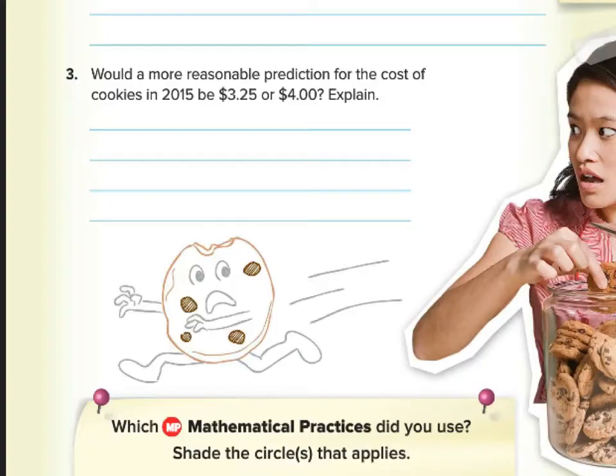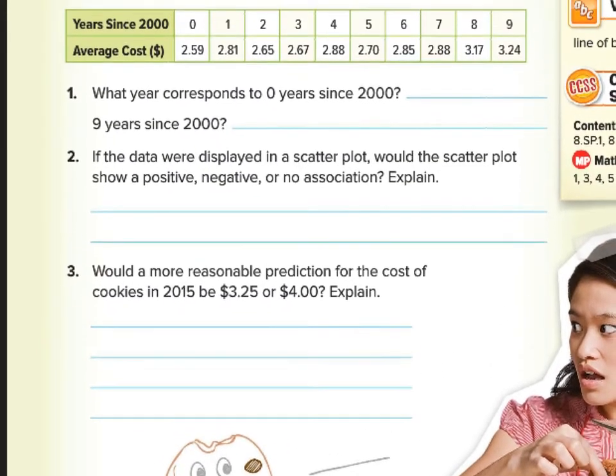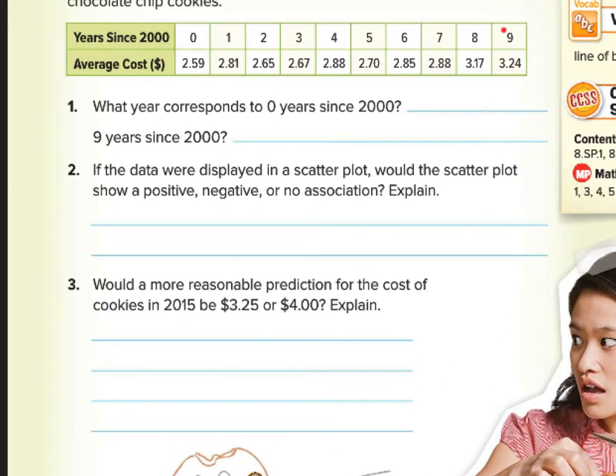Okay? Question 3. Would a more reasonable prediction for the cost of cookies in 2015 be $3.25 or $4? Well, let's go back up here. As we see in 2009, we have $3.24. So would it only go up by 1 penny after 6 years, from 2009 to 2015? I highly doubt it. So it makes more sense if we would increase to the higher possibility.